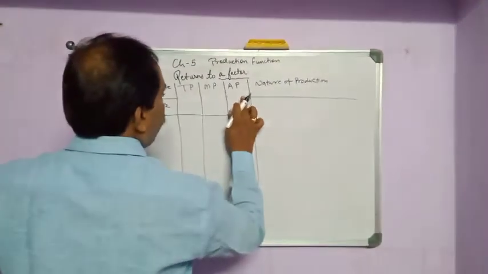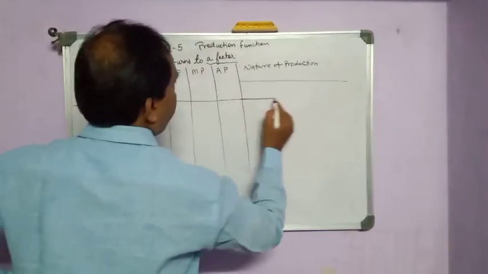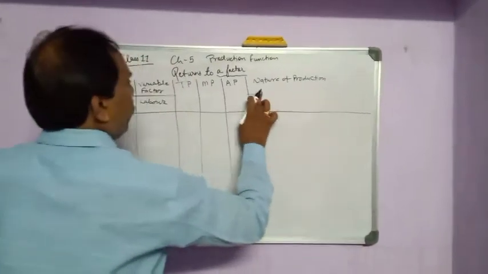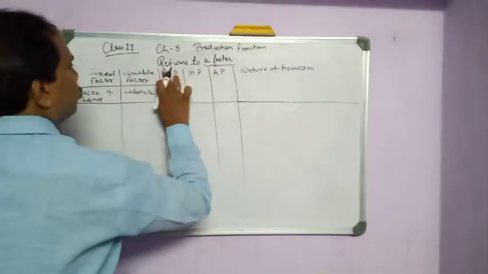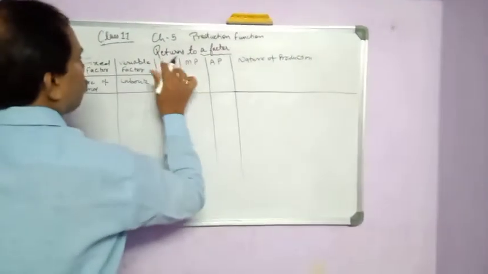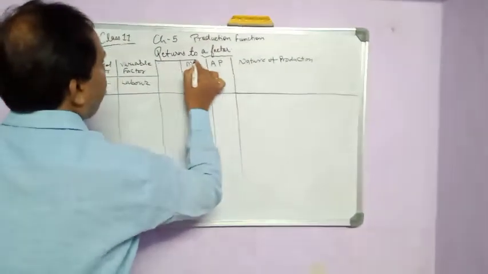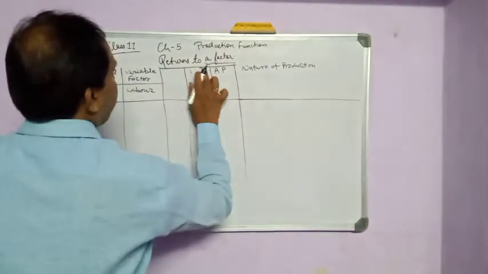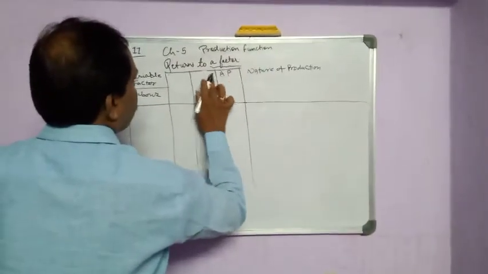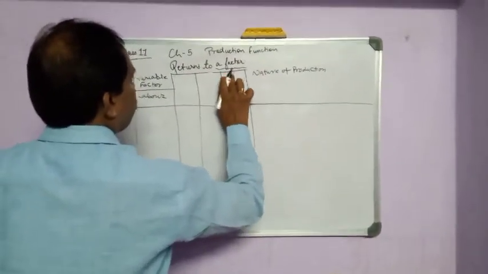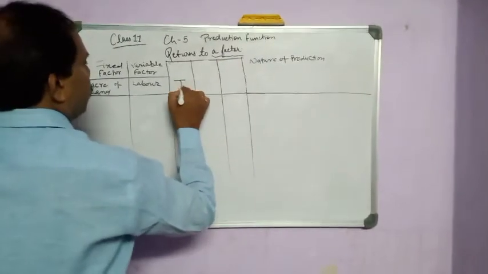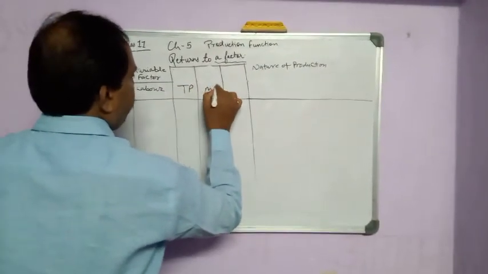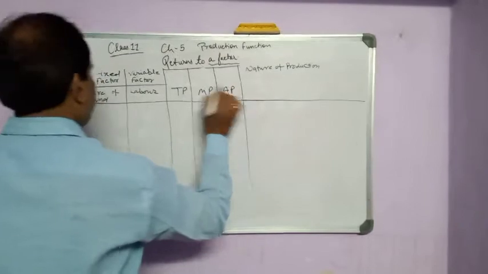So what do you find here? This is TP, MP and AP.